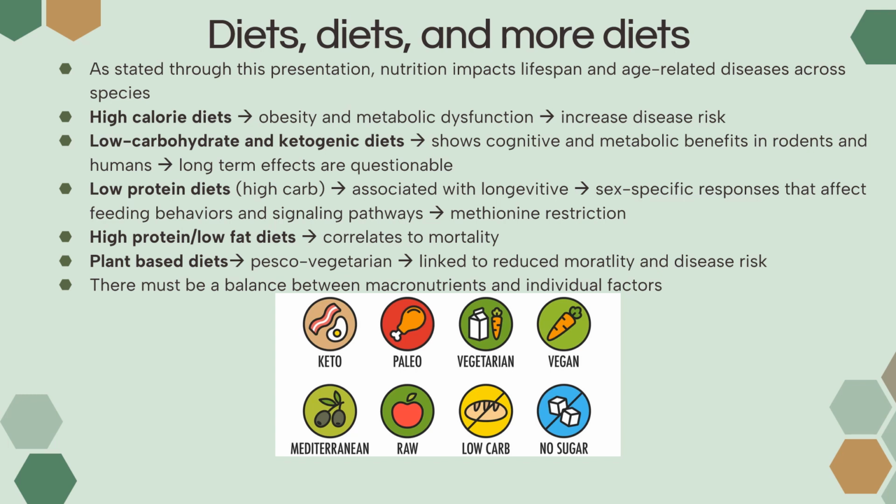But plant-based diets are linked to reduced mortality and disease risk, although these diets may pose risk for bone health due to amino acid deficiencies. Overall, there must be a balance of macronutrients so the healthspan becomes as shaped as it can be. And this also needs to be personalized for each person based on their age, sex, genetics, and lifestyle.